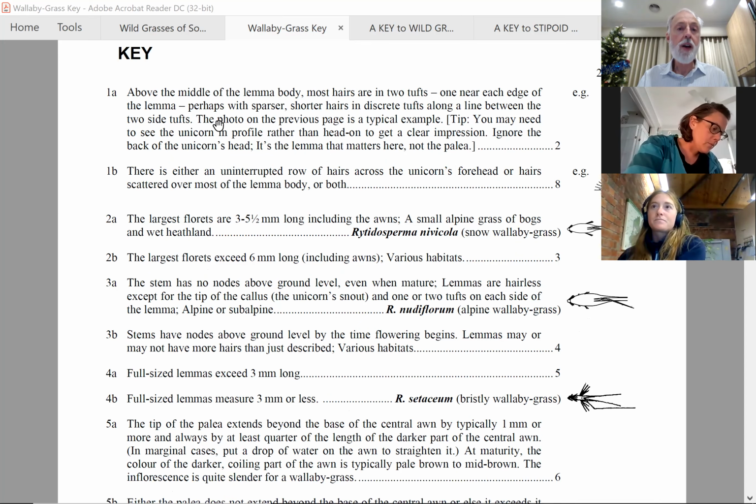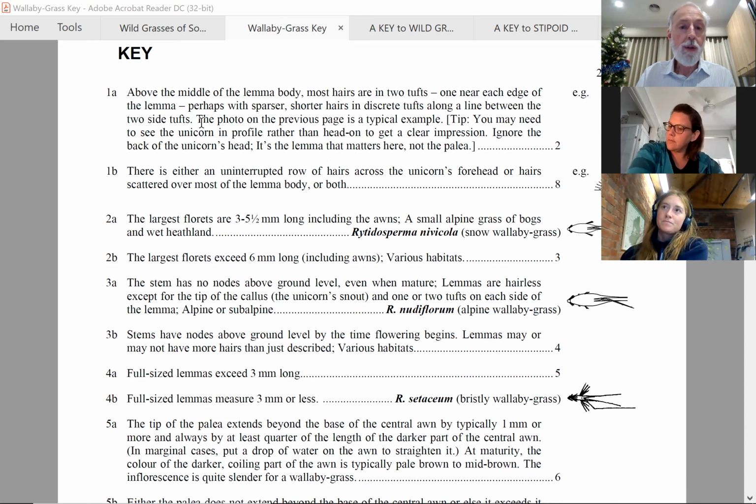Right, so far so good, but every part of a couplet must match. If there's anything wrong, it's not your species or you're going the wrong direction. Okay, it goes on. The photo on the previous page is a typical example, and I reckon that photograph is quite similar to what we're looking at.